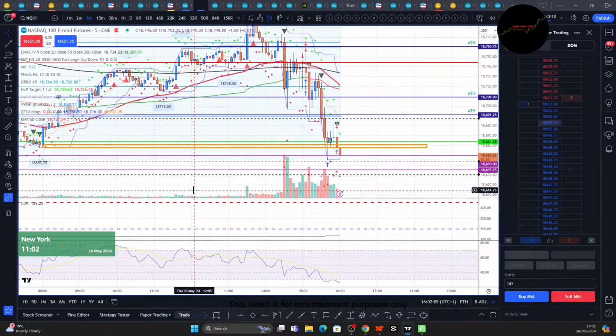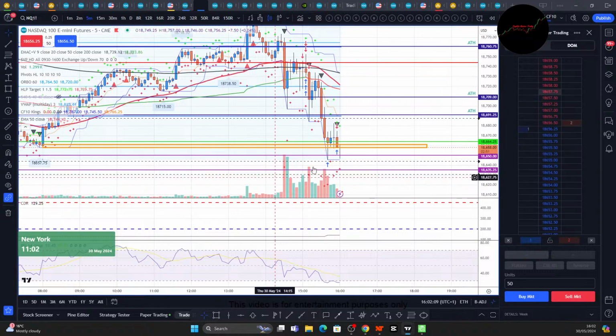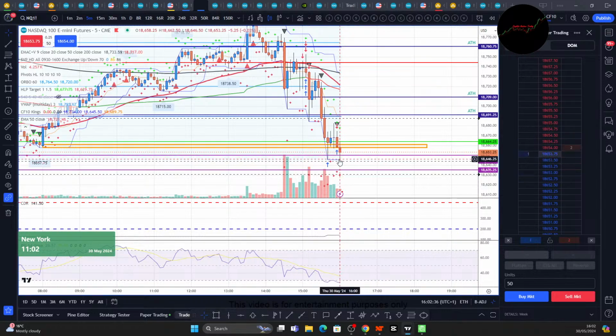I'd need a close below the 50 to think about a short down to the 35s. So the low here is 57.75. We closed at 58.50. Let's see where this current candle that's forming closes.